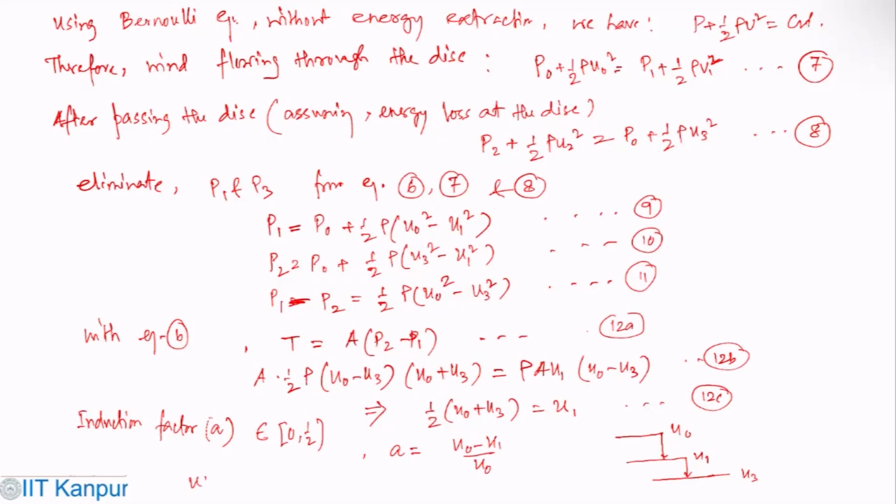Now using 12C, what we get, U1 equals (1 minus A) U0, and then U3 equals (1 minus 2A) U0. Okay. So this is what we get, U1 and U3 using induction factor.